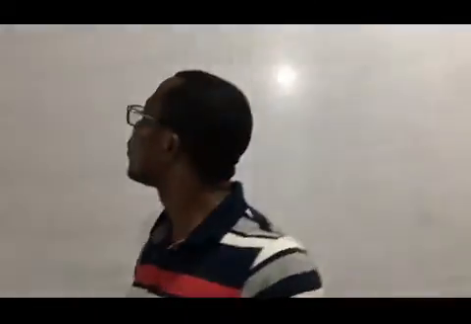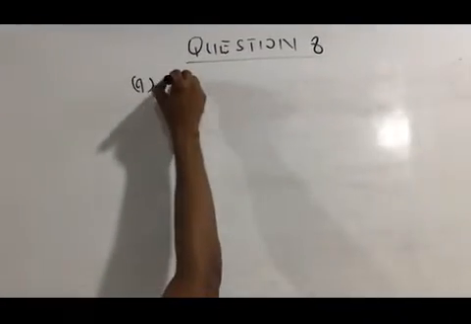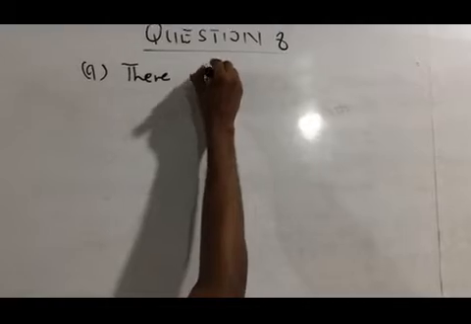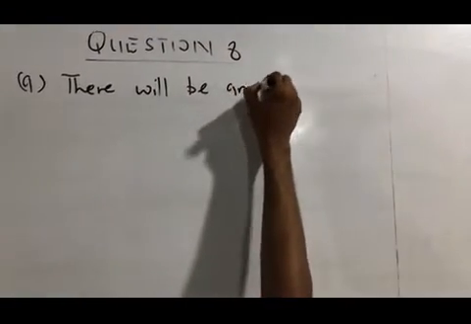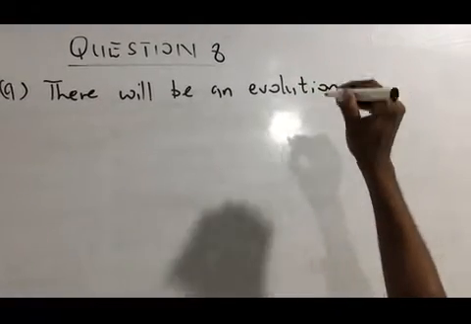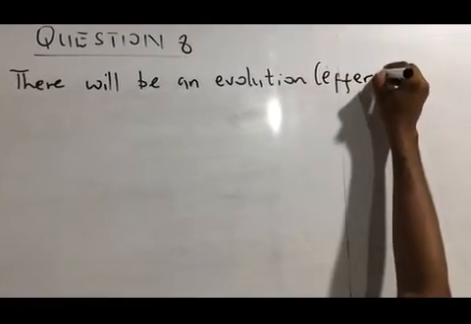It has no color. So that is the observation. There will be an evolution of a colorless and odorless gas. So that is the observation. So A. In some cases, we use the word effervescence.